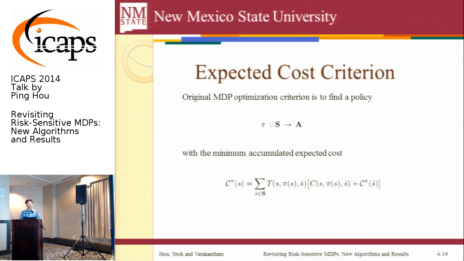Solving a traditional MDP means you need to find a policy, which is a mapping from state to action, to minimize the accumulated expected cost. But what if the agent really wants to avoid the accumulated cost? For the above situation, the agent will want to avoid using up their resources.